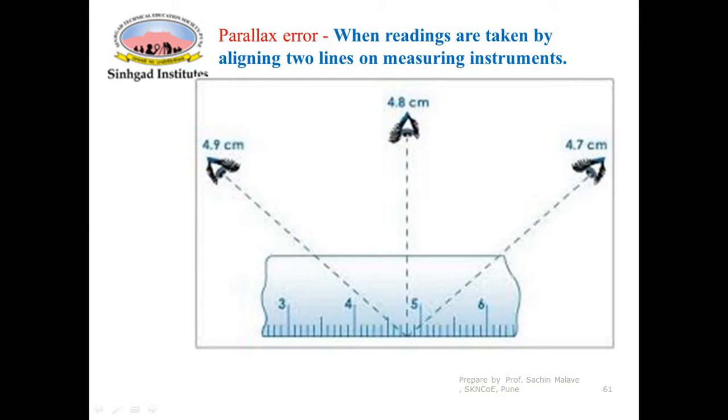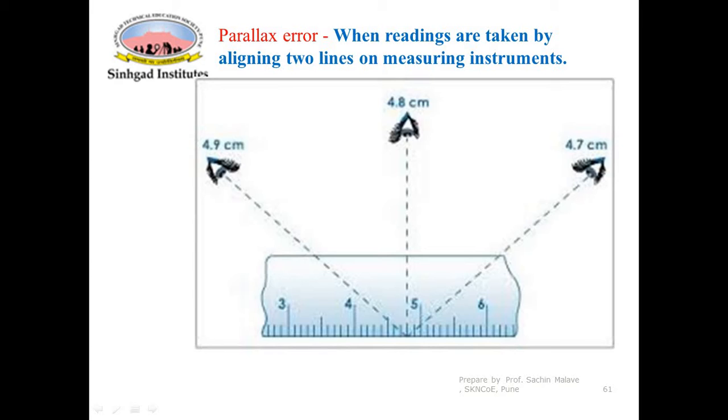As you can see, your objective is to take a reading, and you can see this is 3, 4, 5. In between 4 and 5 there are again 10 divisions, so 4.1 to 4.9 and then 5. The actual reading or the true value of the measurement is 4.8 if we are looking at this dimension from this position.